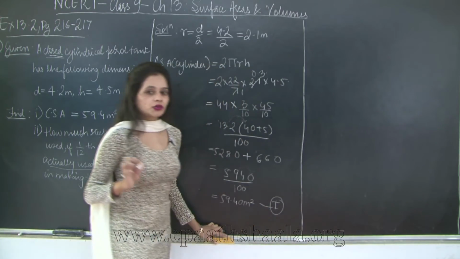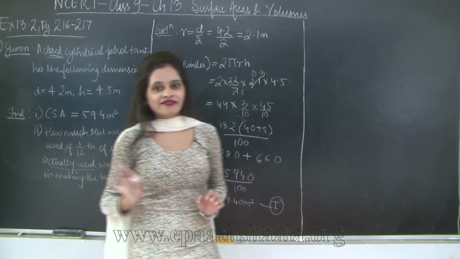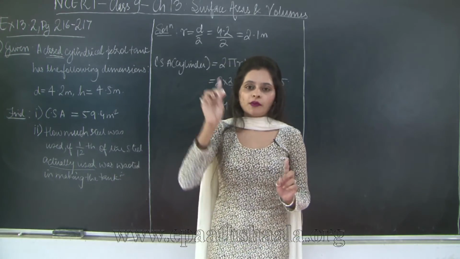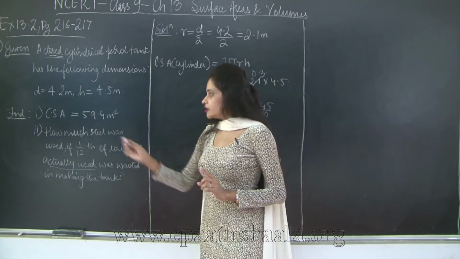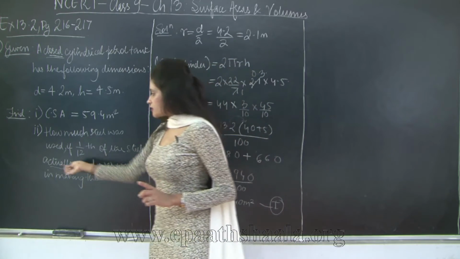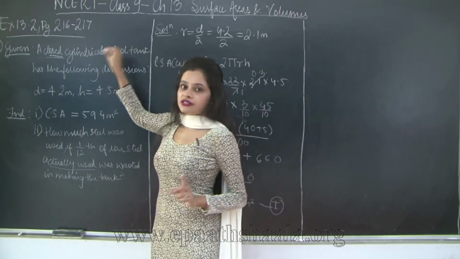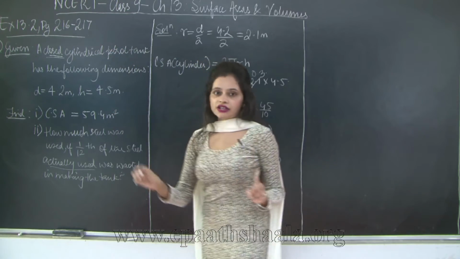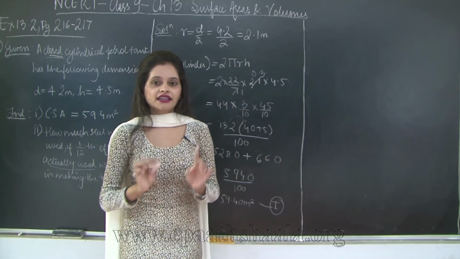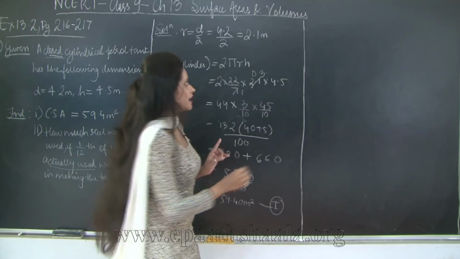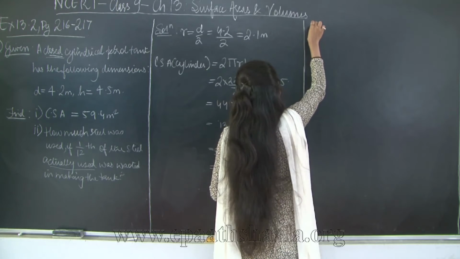Now 1/12 of it was wasted. That means x upon 12 was wasted. Why? 1 upon 12 into x gives you 1/12 of the steel used. So now when you say actually used, we are talking about a closed cylindrical tank, right? Remember, it has total surface area. So for the total surface area, the amount of steel used was x. Now let's go ahead and find the solution.